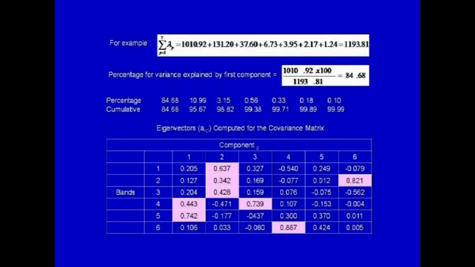The first component has a percentage contribution of nearly 85% of the original data set, while the second one contributes 11%, the third one about 3%, and together it virtually comes out to be about 98% of the information.